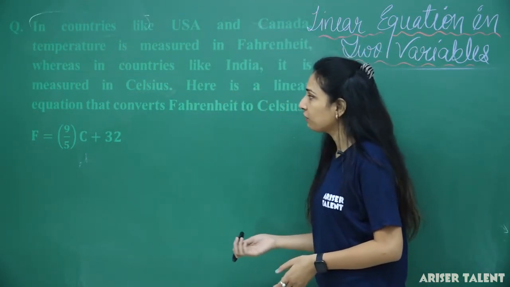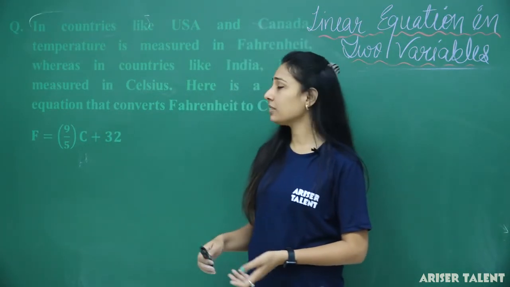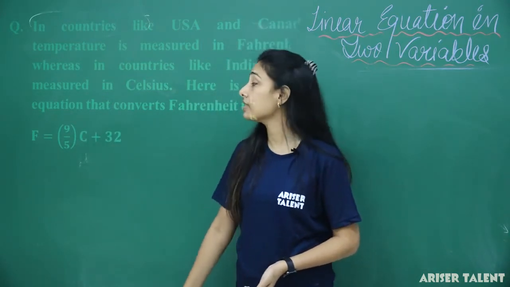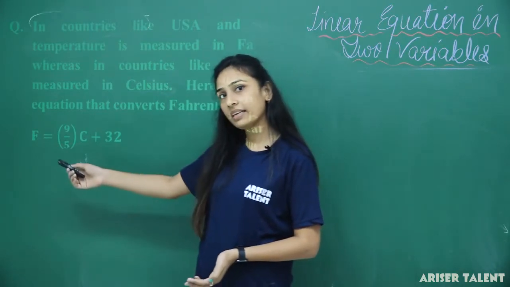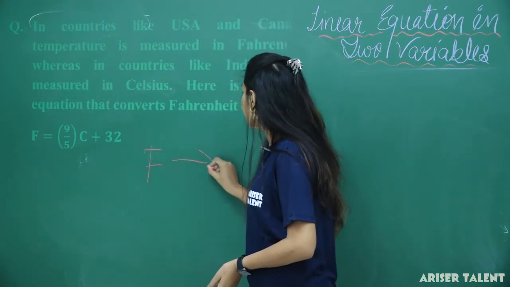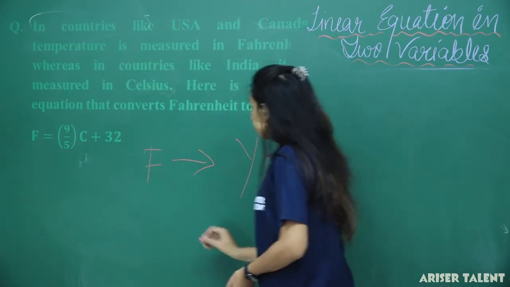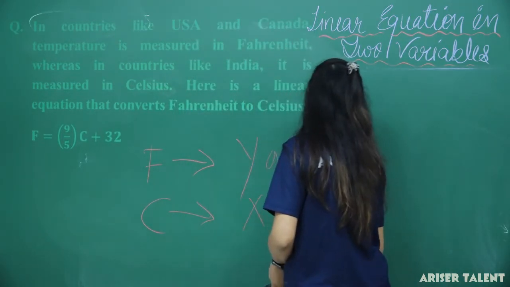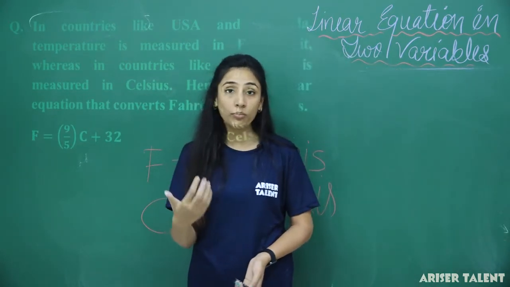Now we have to draw a graph with this equation. You have to take Celsius as the X axis and Fahrenheit as the Y axis.